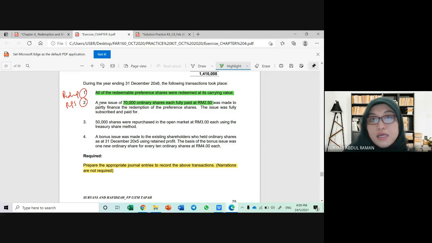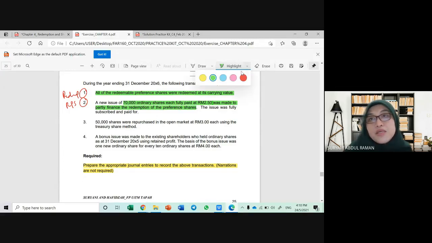The keyword here is that this redemption is said to be partly financed, so we know that we have another portion to finance the redemption.